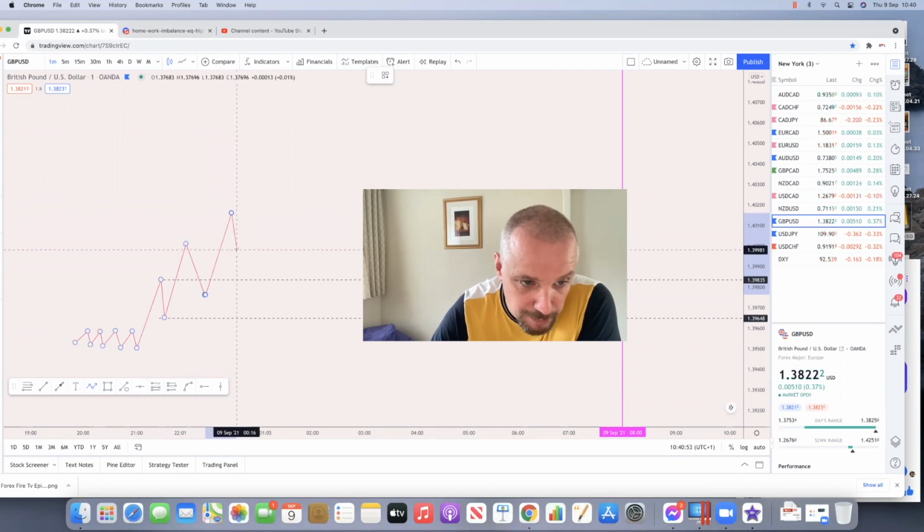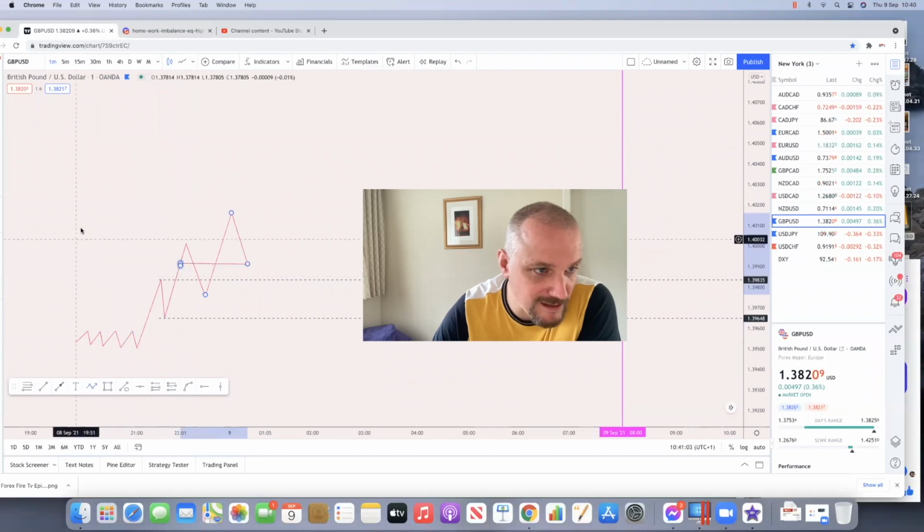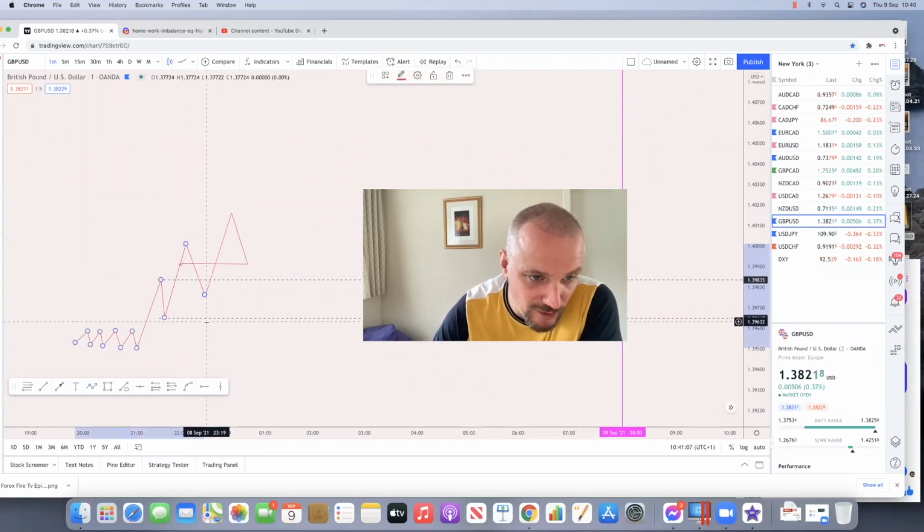We will then get a pullback into this zone here, where, let's get rid of that, you are basically zoning off a new area, okay?